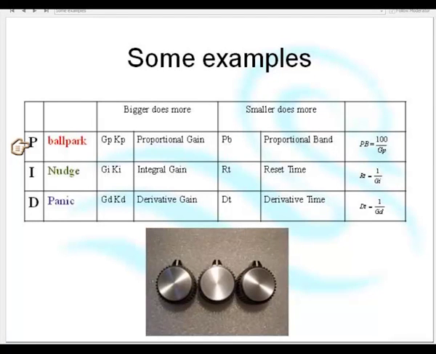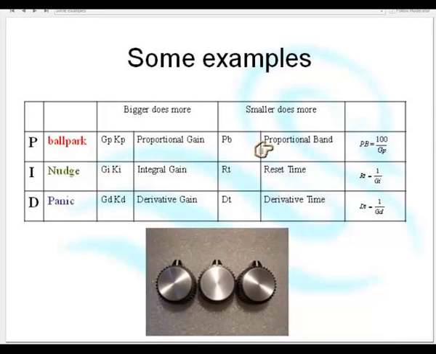First I'll look at P terms. If your P term is called some kind of gain, a proportional gain or gain, then making it bigger makes it more effective. Anything that's called a gain, making it bigger makes it more effective.